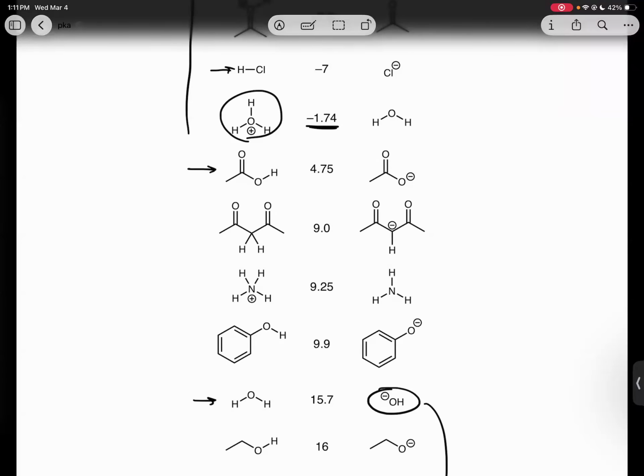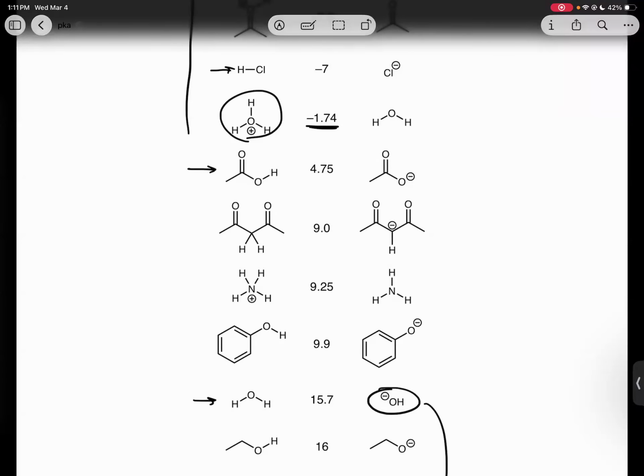So from the first drawing, we can more easily see what's the acid and conjugate base, because we can see the charges, we can see the proton that has moved. But in the second equation, it might not be quite as easy to spot, right?